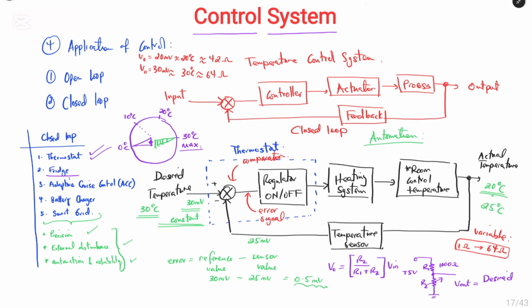All of this plays an important role in this particular heating circuit. So we can say that by looking at this figure and the explanation, the reference temperature must always be equal to the actual temperature. So that's how this particular system will operate.